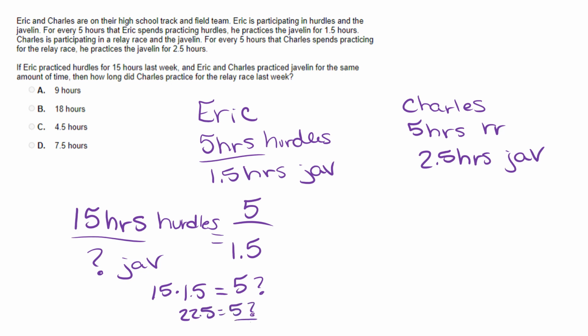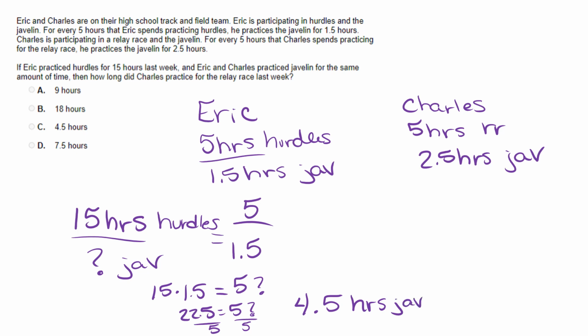Okay, and we're going to divide both sides by 5. 5 goes into 20 4 times with 2 left over. 5 goes into 25 5 times. So he spent 4.5 hours on the javelin.